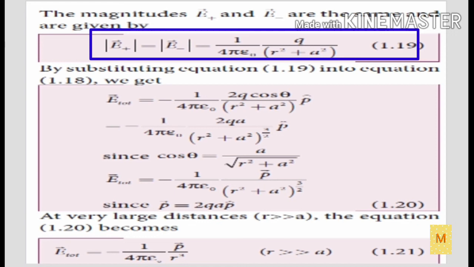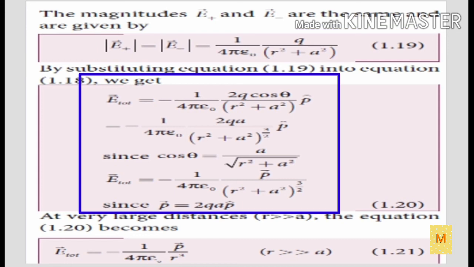By substituting this in the previous equation, you will get E total vector is equal to minus 1 by 4 pi epsilon naught into 2q cos theta p cap divided by r squared plus a squared, which is equal to minus 1 by 4 pi epsilon naught 2qa divided by (r squared plus a squared) the whole power 3 by 2 into p cap.